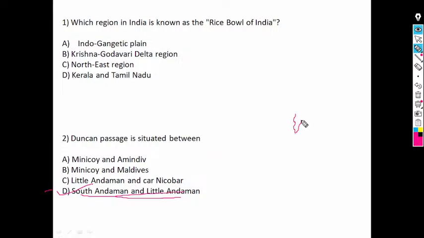Regarding Duncan Passage, this is your North Andaman, this is your Middle Andaman, this is your South Andaman, and this is your Little Andaman. This is your Duncan Passage.